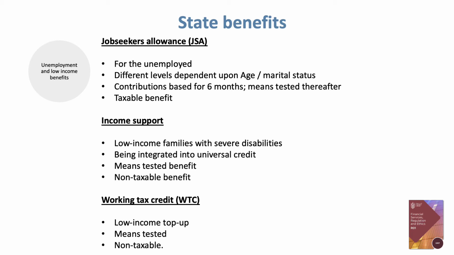These are means tested, non-taxable benefits designed to make the difference between someone giving up the job because they're better off on benefits and sticking with it and working it through. So if you do qualify for working tax credit, the chances are that you've actually got relatively low income, and this is designed essentially to make it all worthwhile for you to actually bother to go to work.